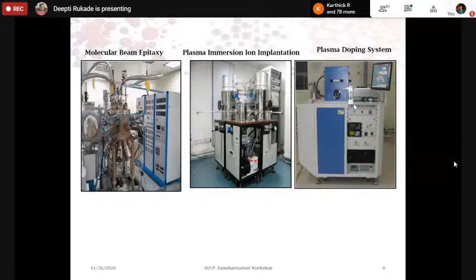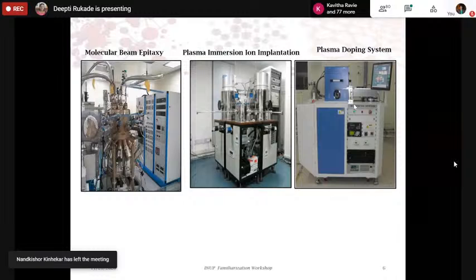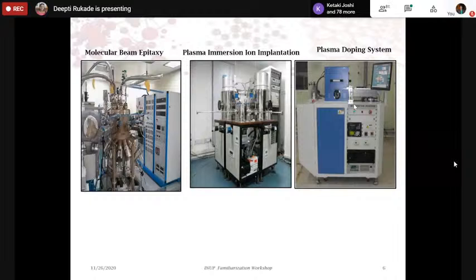In that case, the molecules react with the substrate and give you a very high quality of crystalline grown material. So we have 3 molecular beam epitaxy setups which are dedicated for 3 different groups. One is for silicon, one is for III-V, and one is for germanium.